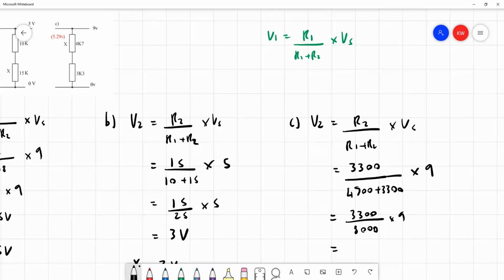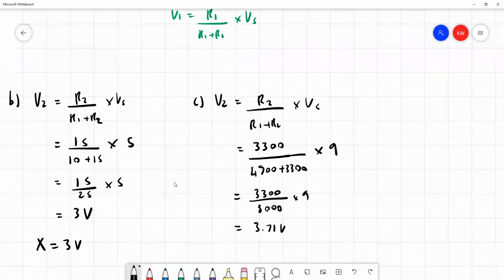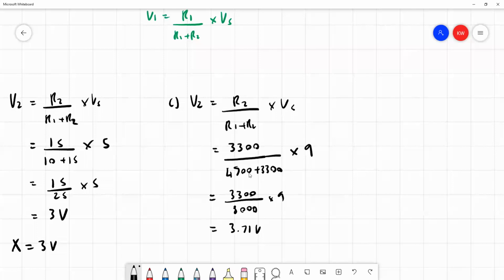So putting all of this into our calculator, we get an answer of 3.71 volts for V2. But that's not what we've been asked to find in the question. We've been asked to find X, and X is the voltage across V1.